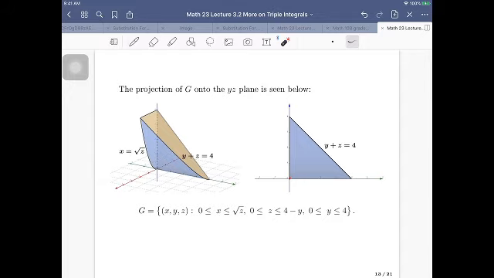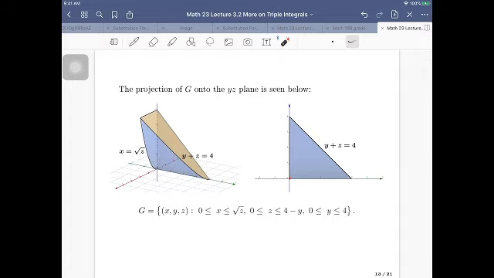If you project onto the xy plane, what you get is this parabola. I hope you can see it. The floor function will be the parabolic cylinder, and the ceiling function will be the plane. I hope you can see that, right?